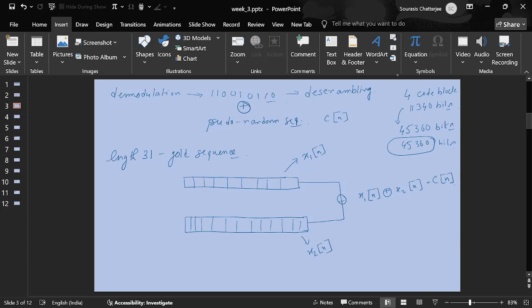But this is only length 31, it's limited. So we need to initialize those two sequences, and we need some kind of processing to continue generating them. So what is the procedure for that? Can you remember?